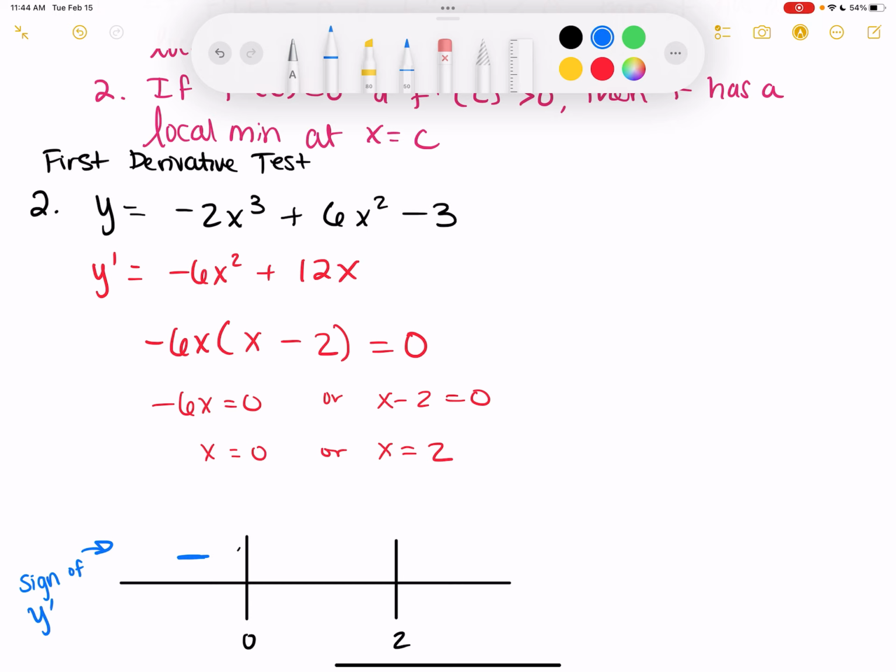If I plug in a positive 1 to y prime, what do I get sign-wise? It'd be negative 6 plus 12, so it would be positive, right? So positive. And then over here, if I plug in a positive 3, let's see, negative 6 times 9 plus 36, that's like negative 54 plus 36. So negative.